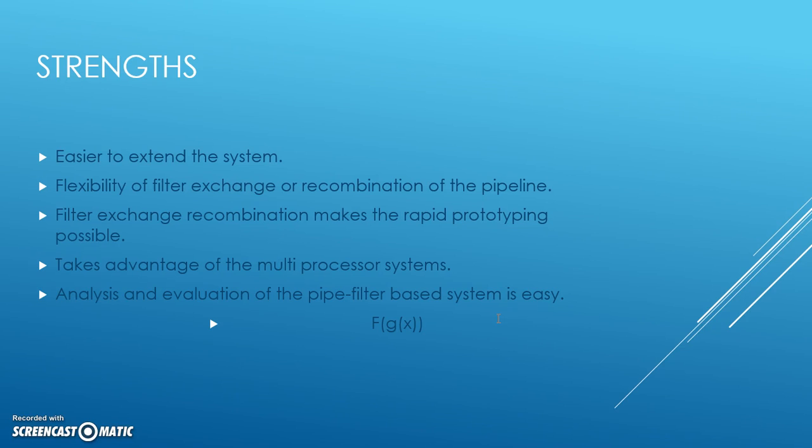Another advantage is that they can use multiprocessor systems, as we talked about with active filters, where a processor is assigned to a single filter. Another important thing about the architecture is that analysis and evaluation of pipe and filter based systems is very easy because of the simple composition of the behaviors involved.